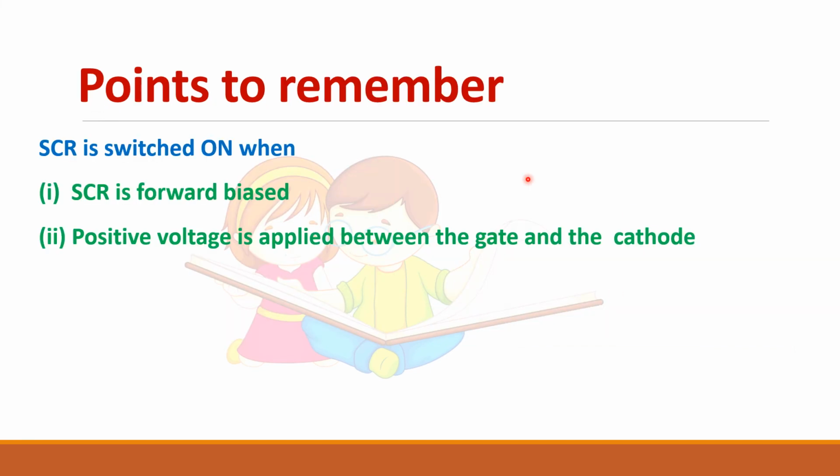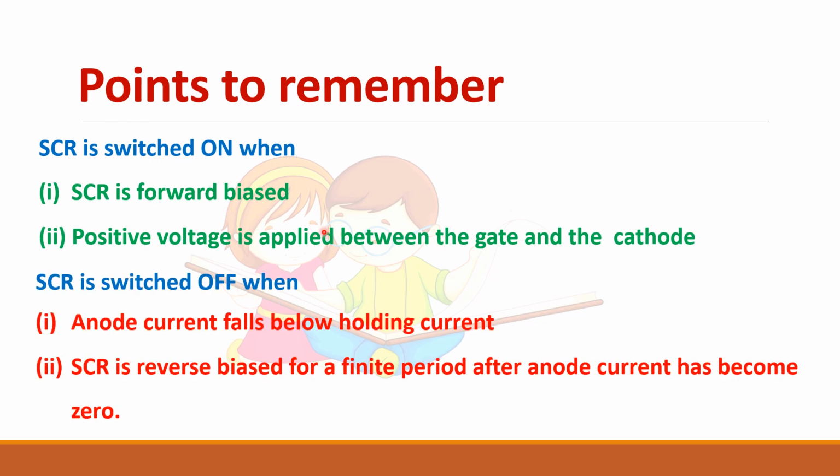So what you can remember is, SCR is switched on when SCR is forward biased and positive voltage is supplied between gate and cathode. For switching off, anode current should fall below holding current, and SCR should be reverse biased for a finite period.